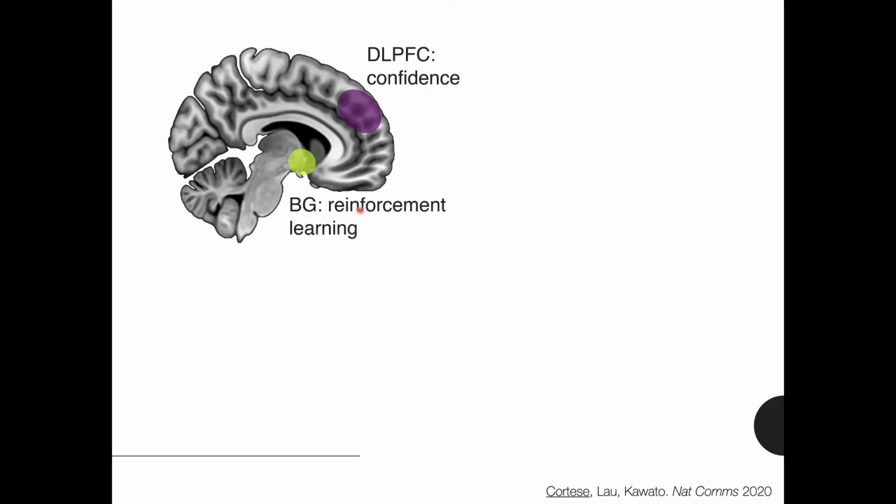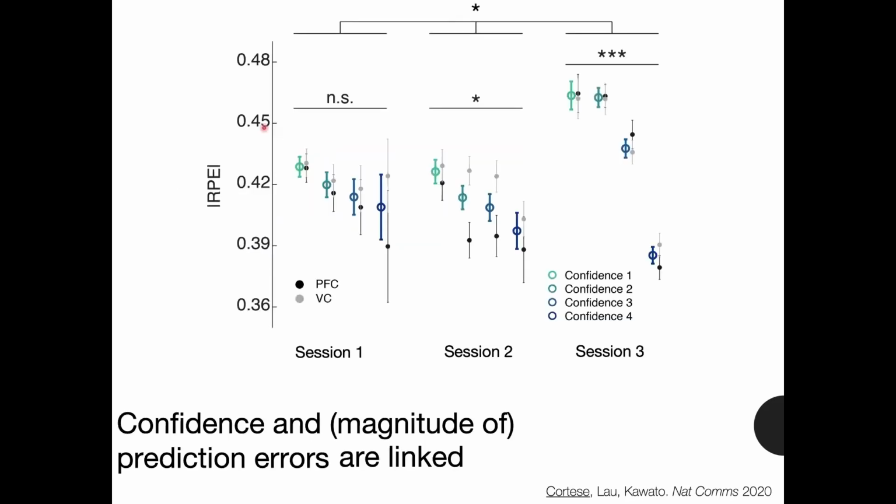So we built a decoder for low and high magnitude of prediction error and low and high confidence. Then we looked at the output of those decoders for each session, and at their independence. Because we see this relation, with low confidence we have high magnitude of prediction error, and with high confidence we have lower magnitude of prediction error, the two are not independent.